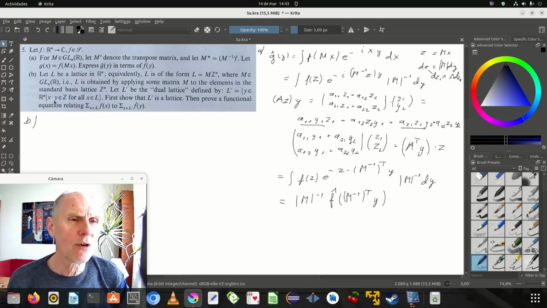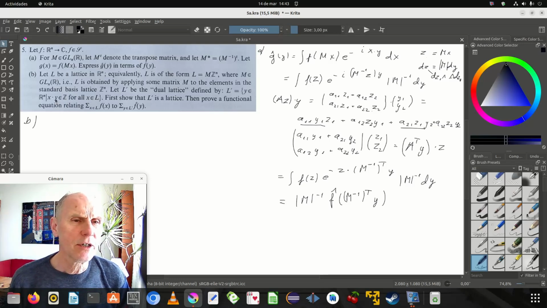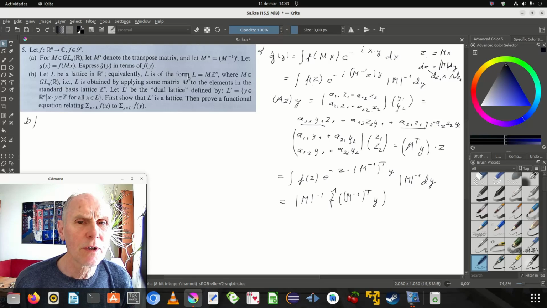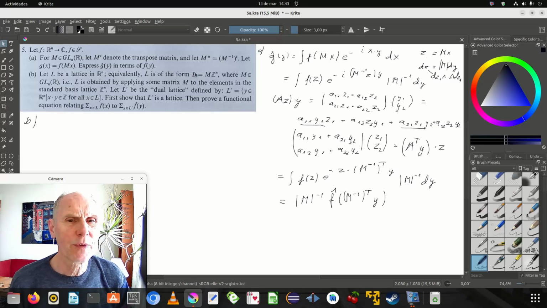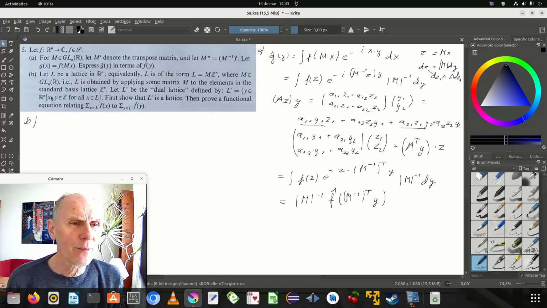So the generators are obviously that x dot y for all x in L are the distinct unit vectors, and since the x values, the lattice here is generated by a matrix M, like this, which is invertible, then we can solve it.